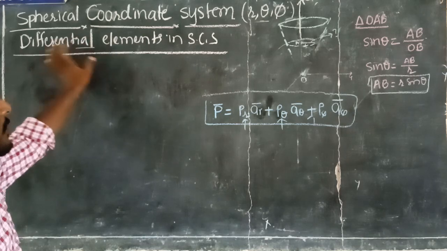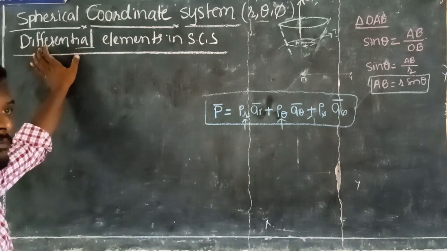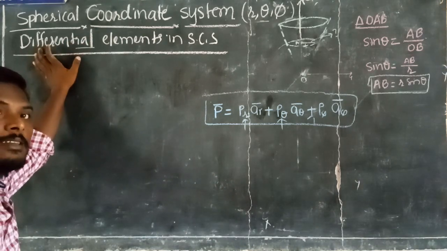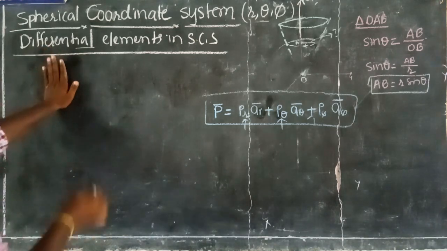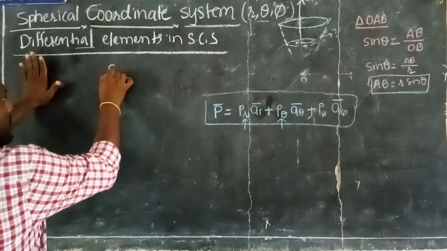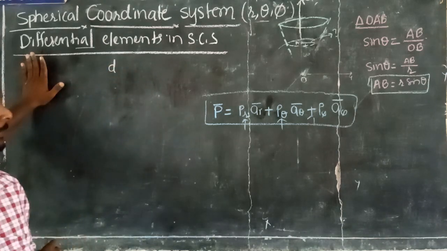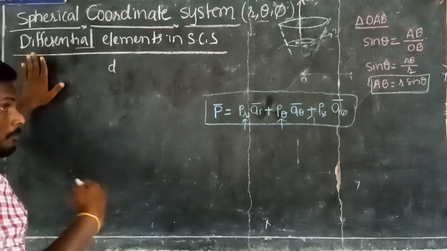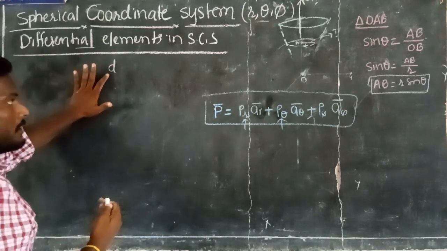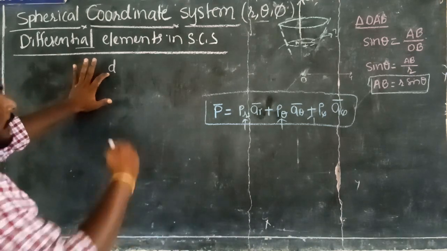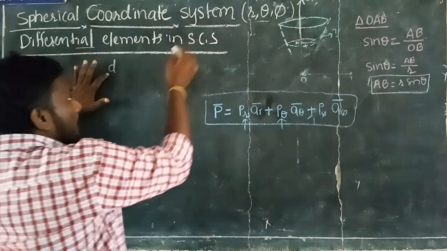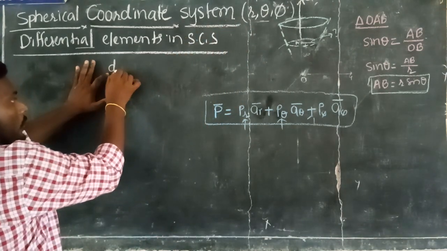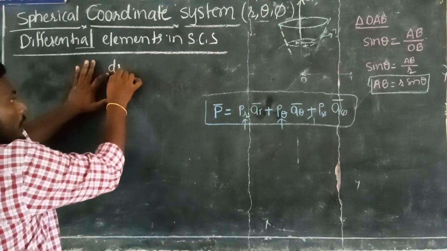If we increase an axis length by a very small amount, the differential amount is represented by small d. If you increase the r axis by a small differential amount, how can you write the small differential length in the r axis?